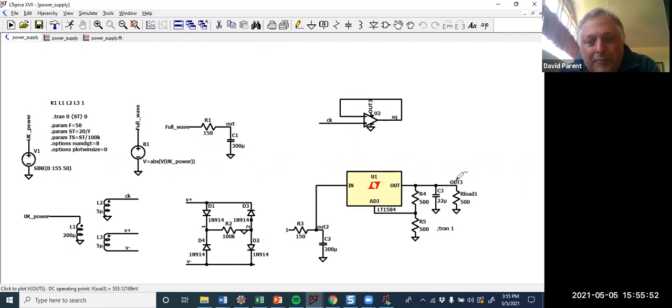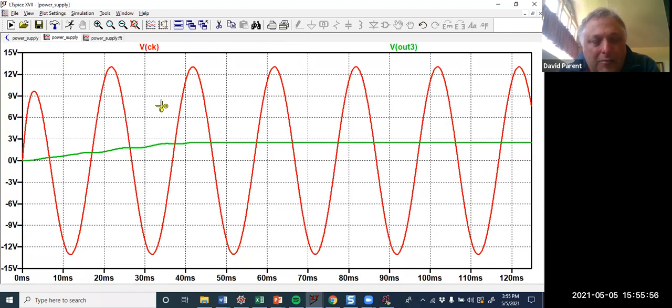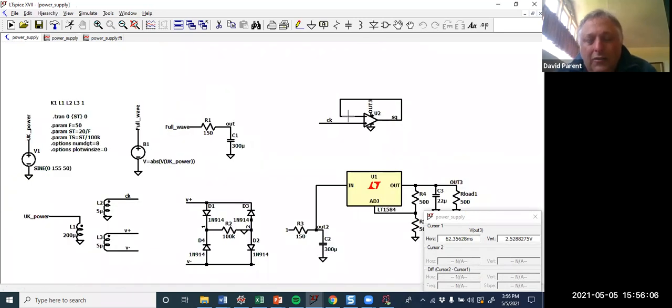But what's the power supply? It goes from 0 to 2.5 volts. Okay. So this can't go above 2.5 volts. And so I'm bringing in a sine wave, but as soon as it tries to go above 2.5 volts or below 0, it just stops.